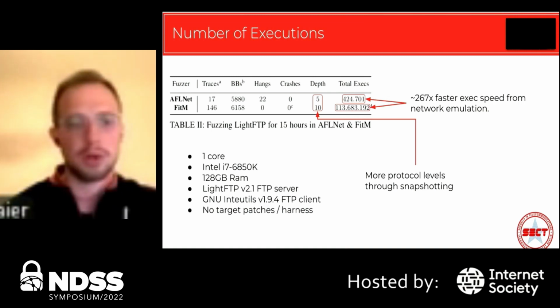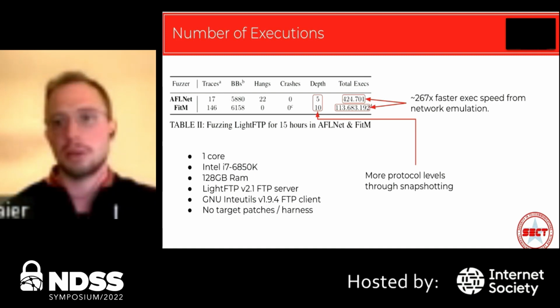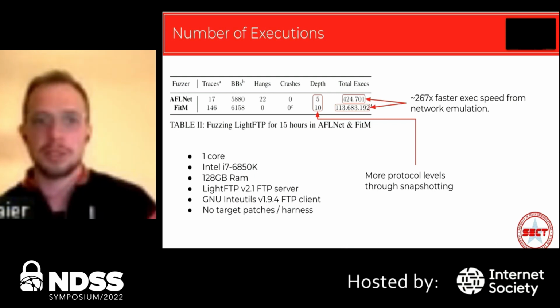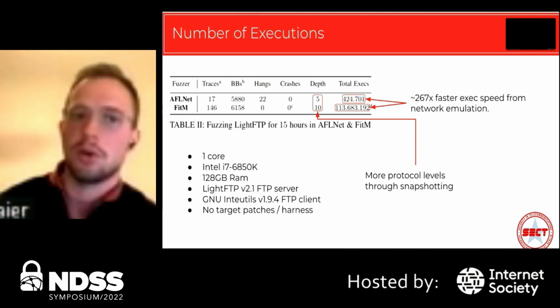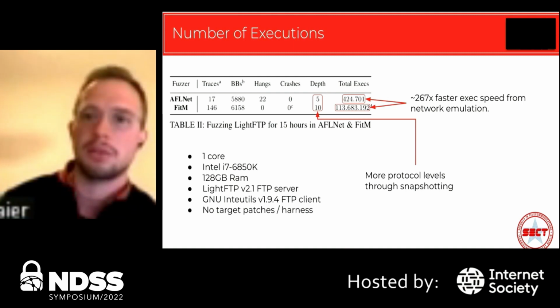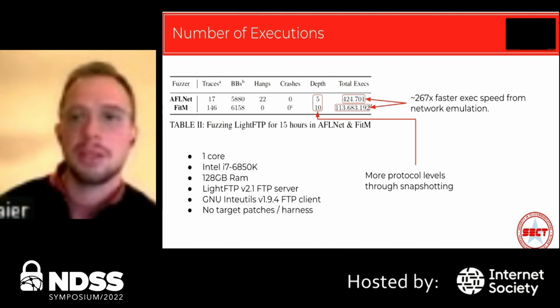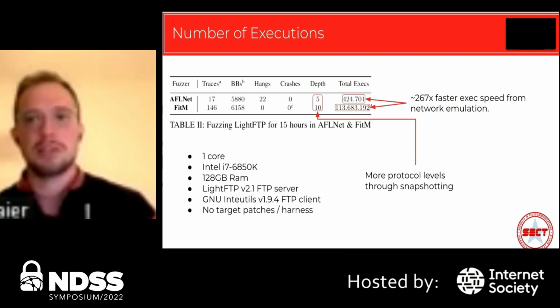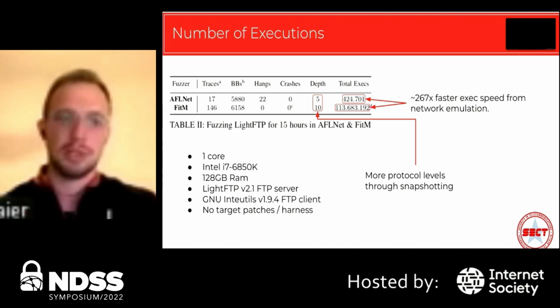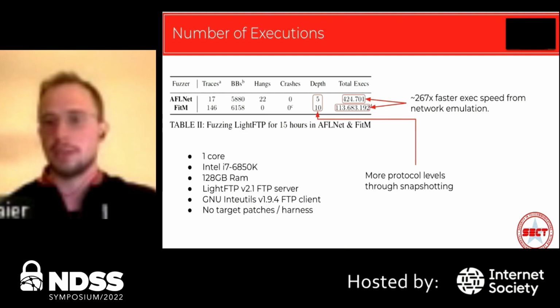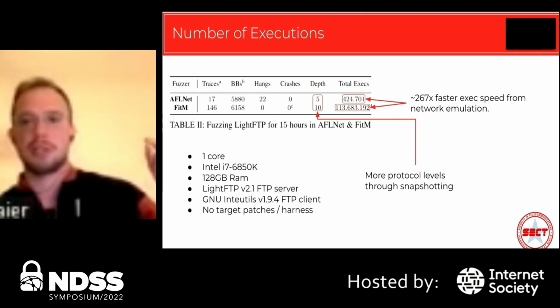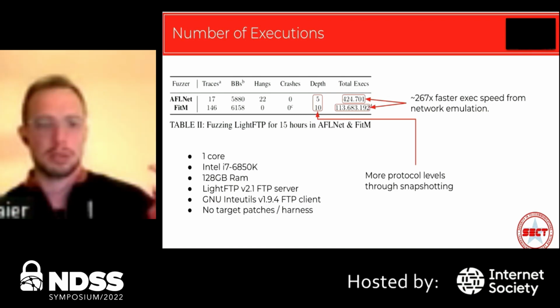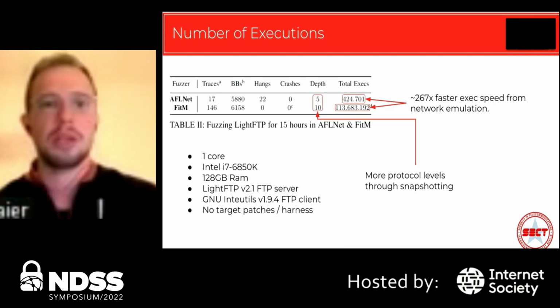Running for a longer time, 15 hours in this case, FitM reached a greater depth in our calculations. And the most interesting thing here is the overhead we have in comparison to AFL-net. AFL-net delivers test cases via TCP, and has to re-execute the whole thing from the beginning every time, while we only fuzz a single send, receive, send loop, or receive, send, receive loop.